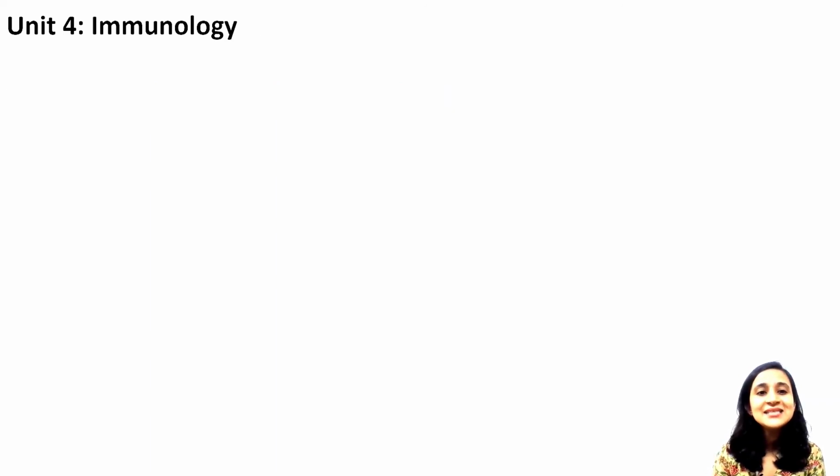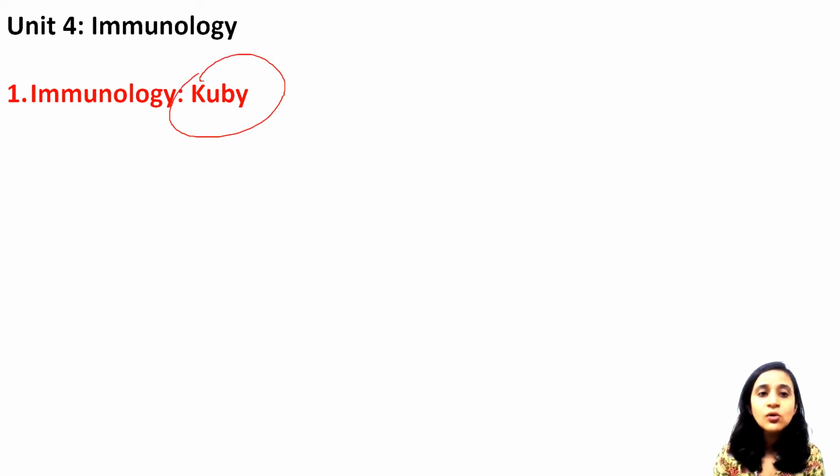Unit 4 contains some cell biology and some immunology. So for cell biology I have already mentioned which books you need to read, and for immunology only Kuby is there, that is very good book. So immunology Kuby is enough for this exam.